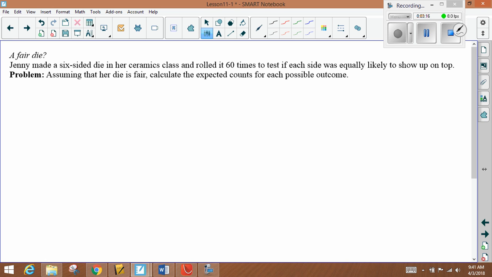So each outcome has a 1/6 probability of occurring, right? And then we do it 60 times, yeah? So if we were to roll this die 60 times, what we're saying is that we expect that each number should show up 10 times.